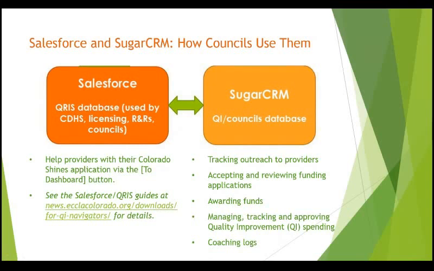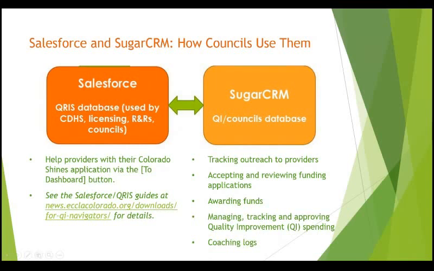So Race to the Top, CCAP, ITQA, and today I keep forgetting the other one. And managing awards of funds, and then managing, tracking, and approving spending of those quality improvement dollars, including the value of the coaching hours via logging coaching.